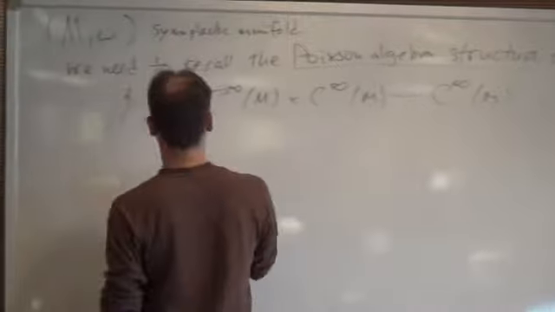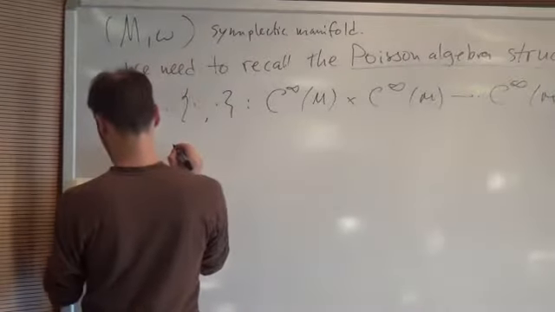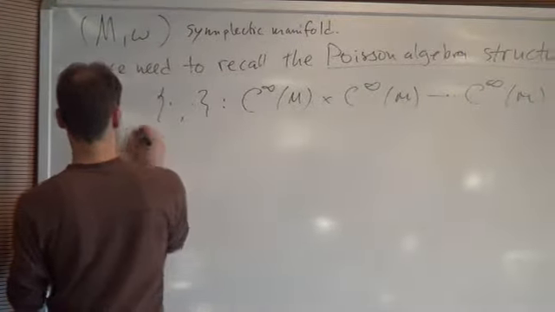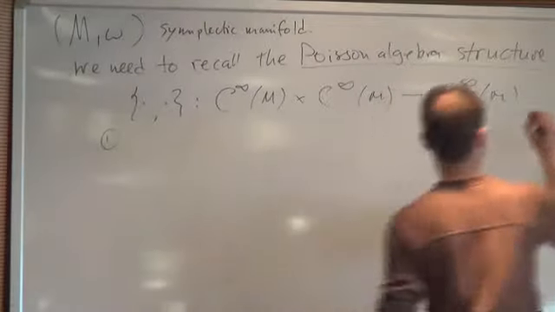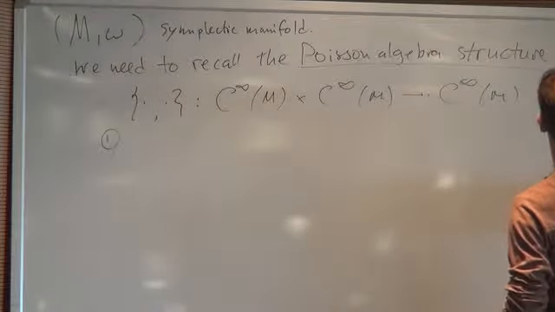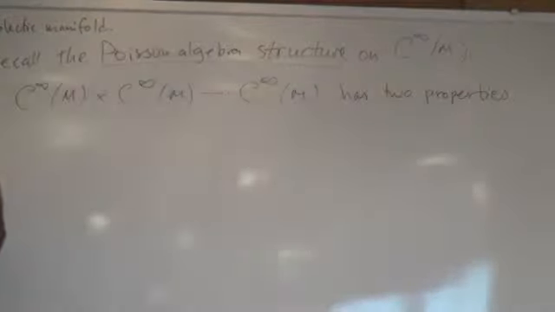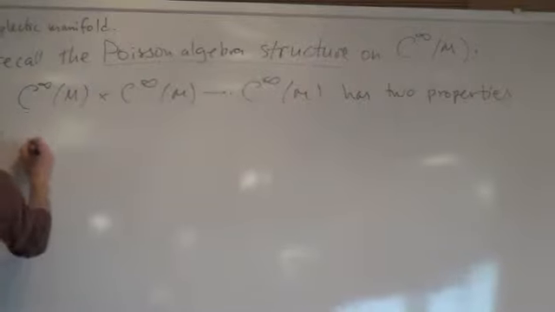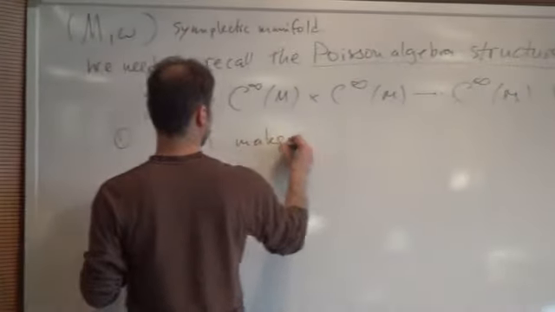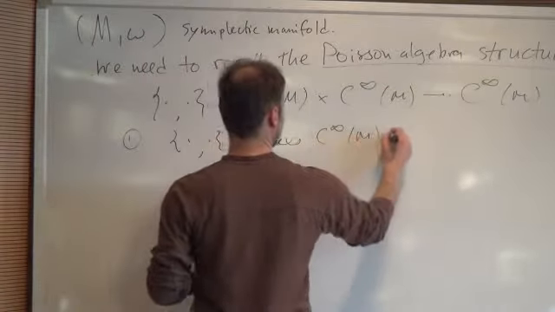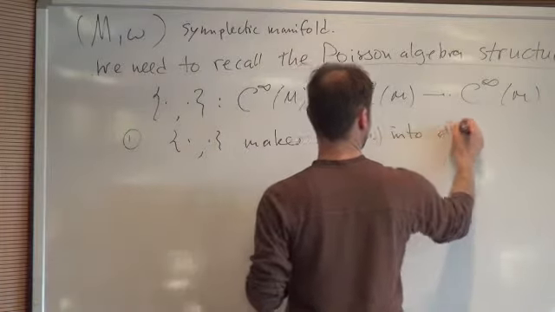And it has two properties. One is that this bracket makes C infinity of M into a Lie algebra.